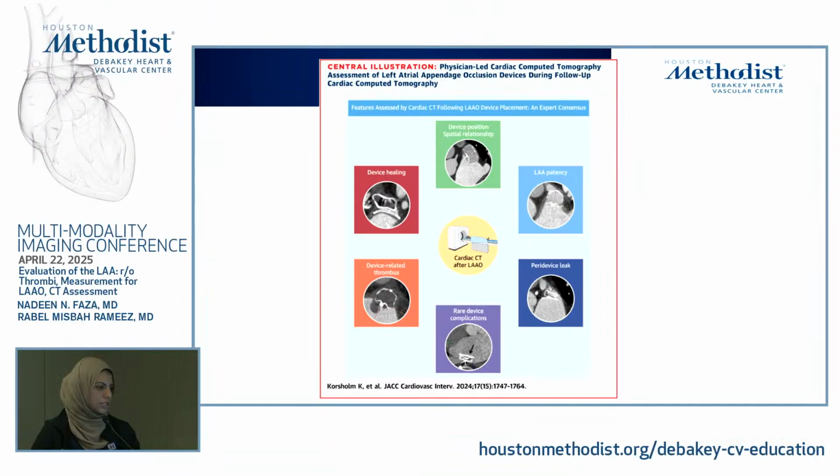And so moving on to CT in the post-procedural follow-up space, it can identify device position. We can look for left atrial appendage patency, see if the device is healed, if there's any device-related thrombi, if there's any leak, and also look for rare device complications.